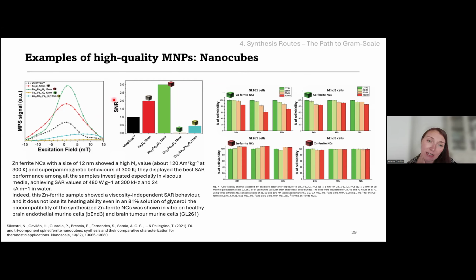Also, we studied the signal to noise ratio, and again, we found that iron oxide and zinc ferrite offer the best response.